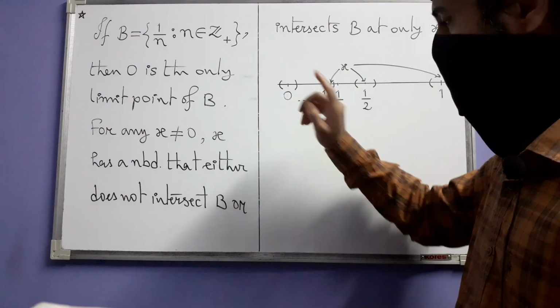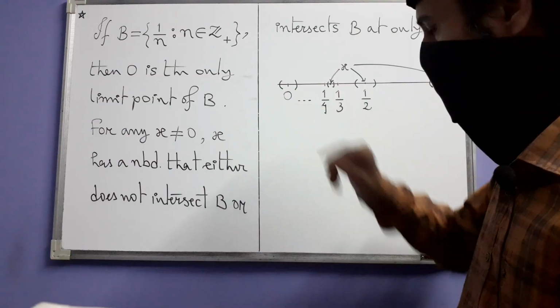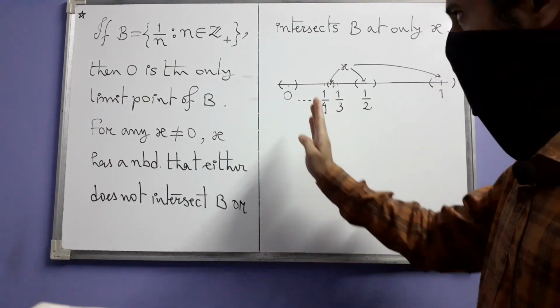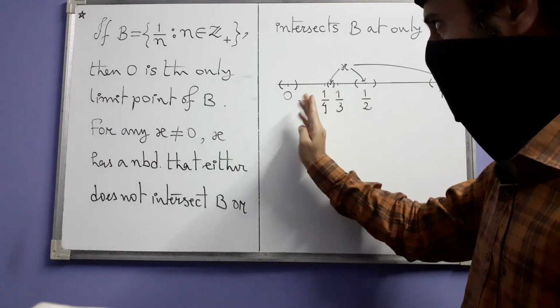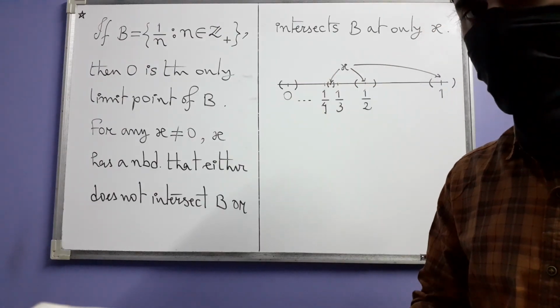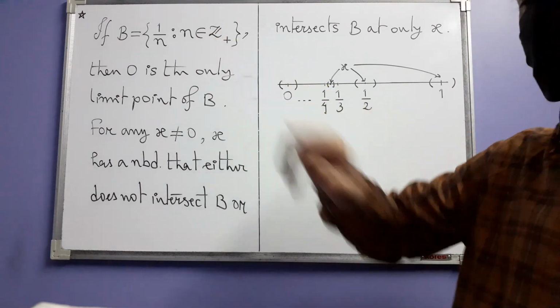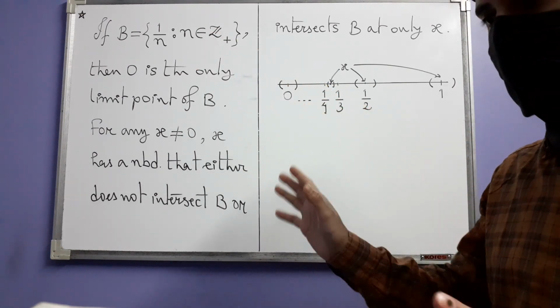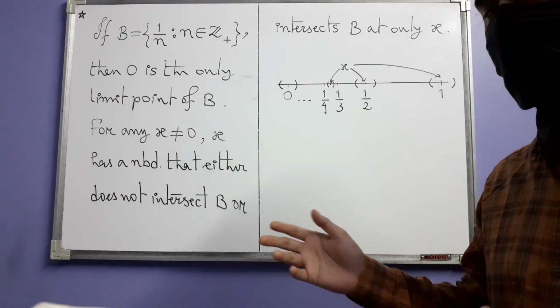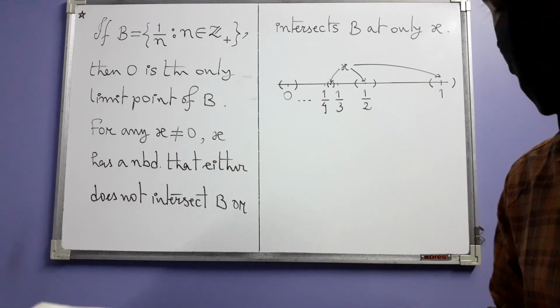But if you look at 0, no matter how small a neighborhood you choose of 0, on this side of 0, there will be at least 1/n by choosing n sufficiently large. That is why 0 is the only limit point of B. This is not a rigorous argument, but at least you get the idea of why this is true from this figure.